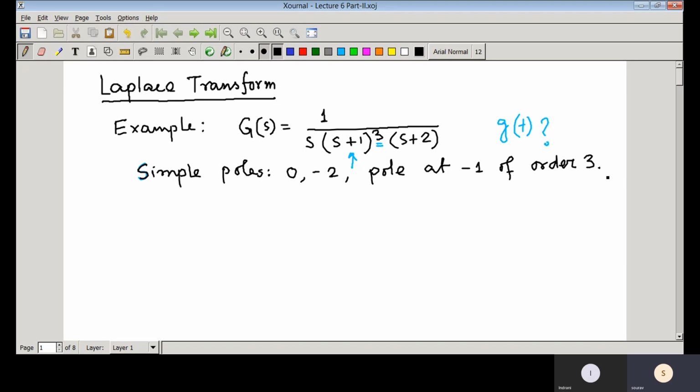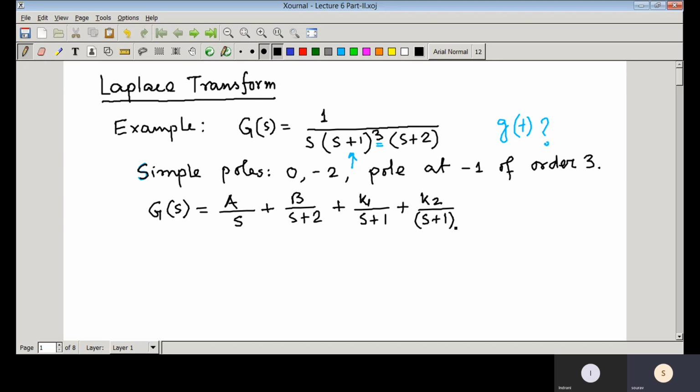Our first step is to represent this G(s) in partial fractional form, like A by s plus B by (s plus 2). So these are two simple poles, and then K1 by (s plus 1) plus K2 by (s plus 1) whole square plus K3 by (s plus 1) whole cube.